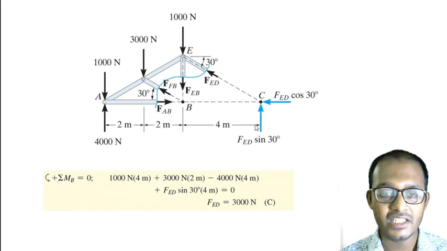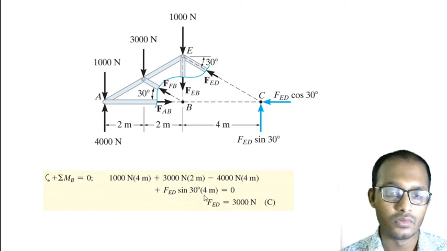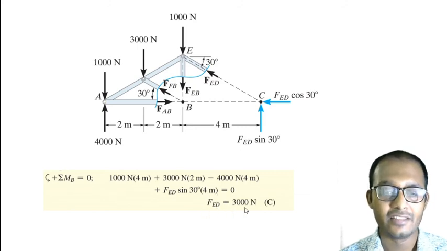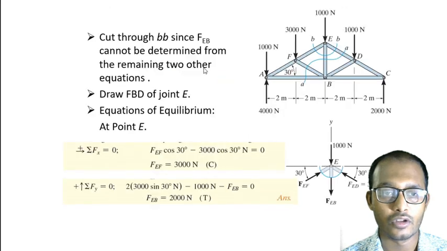But the y direction component, the vertical one, passes through point D, so it will have a distance from point B, it's not 0. Putting this value, force FED multiplied by the distance of 4 meters gives you the value for FED, that is 3000 newton. So we have the value for FED now, but the problem is not solved yet.